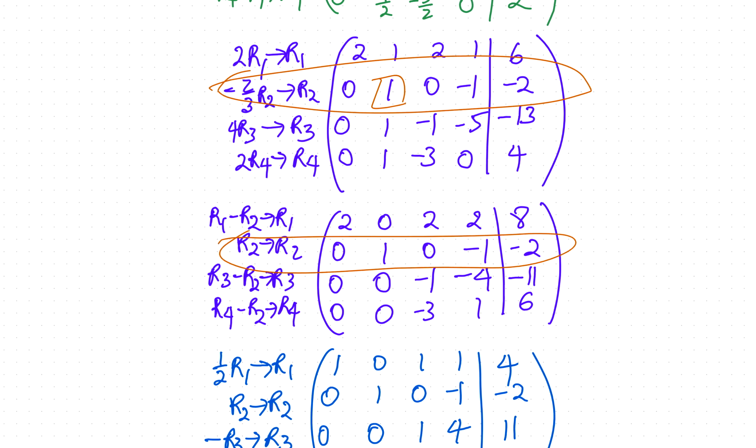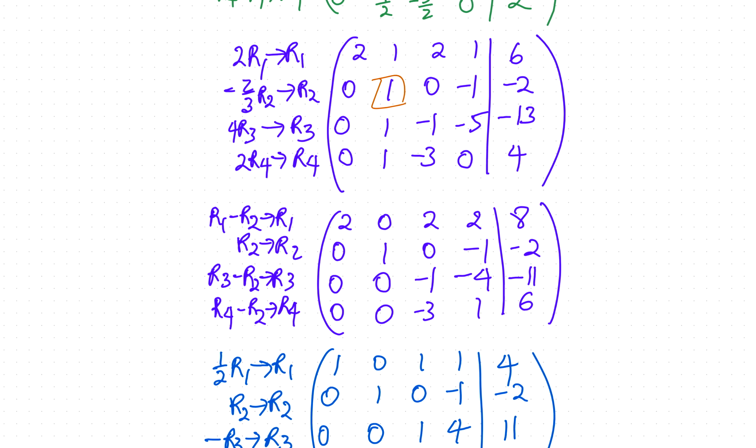And then, don't forget the pivot is here, because it can be confusing now that you have many more columns and rows. So the new row 3 is going to be the old row 3 minus the old row 2. So 0 minus 0 is 0. 1 minus 1, 0.